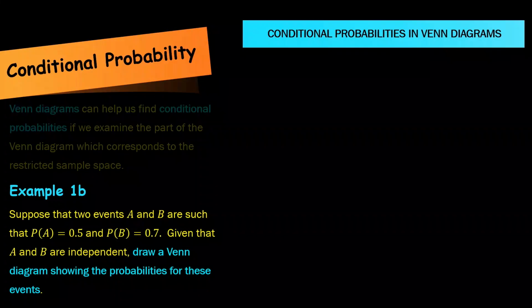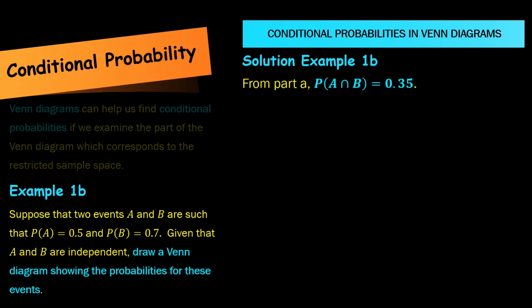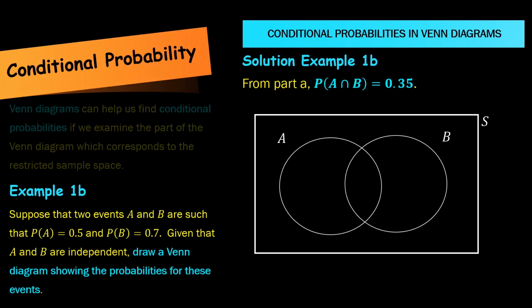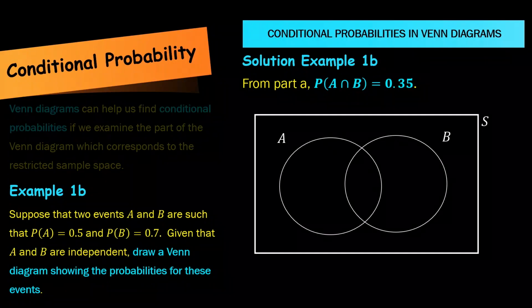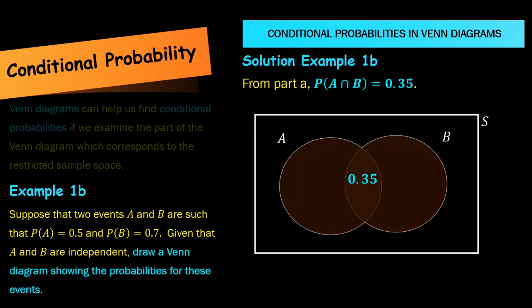Now for part B. We are required to draw a Venn diagram given these probabilities, showing the probabilities for these events. So let's begin. Now we know that probability of A intersect B equals 0.35. So in our sample space, with the circles A and B as shown, we can place 0.35, the intersection of A and B, right in the center, like so.